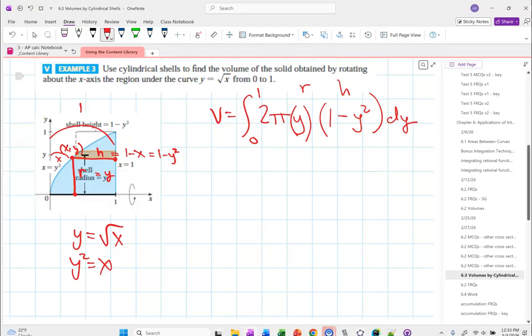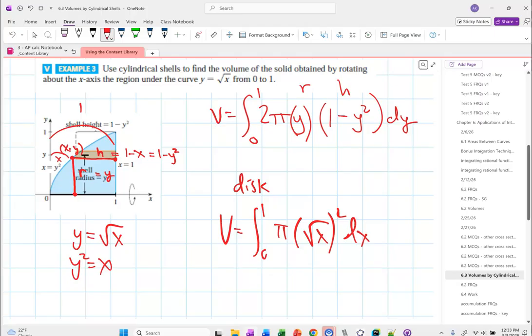Now, for the record, as a disk, that's all I'm doing. That's what I would have done. This is a test question. It's like, find the volume. I'm doing it as a disk, right?